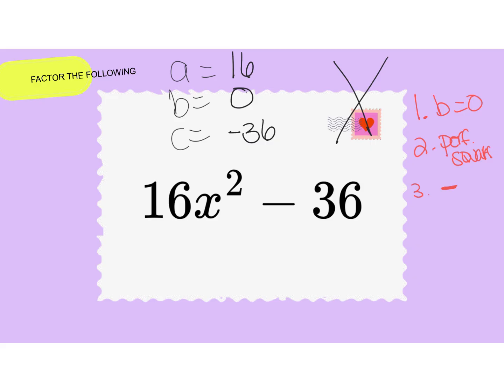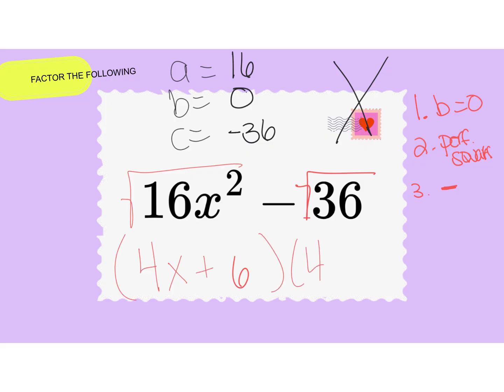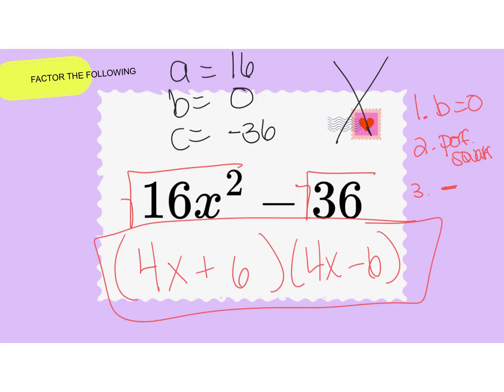Well, yeah. So remember, difference of squares, just take the square root of both sides. Square root of 16 is 4. I'm left with 1x. Square root of 36 is 6. And the difference of squares says one of my factors will be a positive 6, and one of my factors will be a negative sign. And you would have gotten this the same way if you would have just played the Xbox.